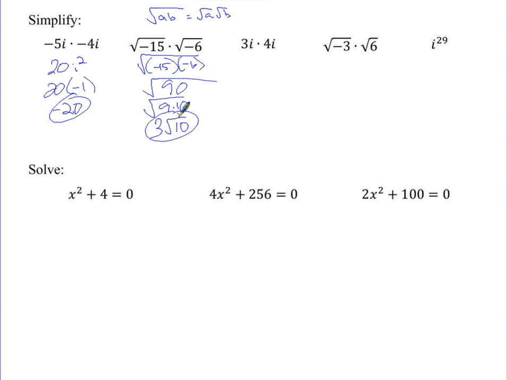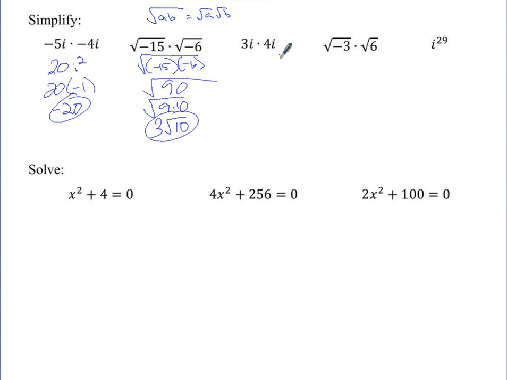Notice on this one, is this imaginary or real, the square root of negative 15? It's imaginary. You can't take the square root of a negative number. Is this real or imaginary, the square root of negative 6? Imaginary. I multiplied those together and I wound up with real or imaginary? Real. So it's possible to wind up with real numbers even though you were working with imaginary numbers.